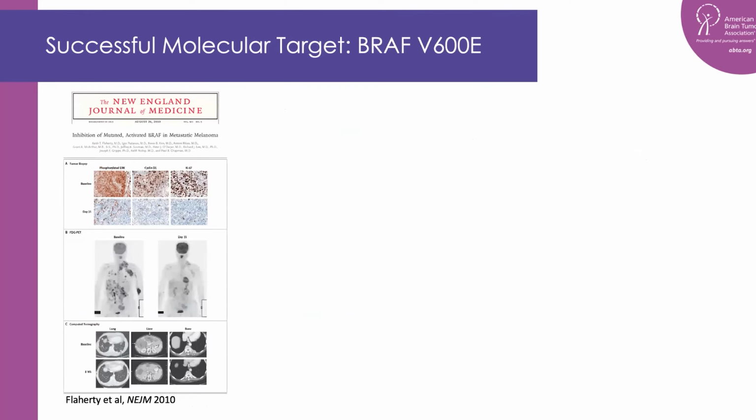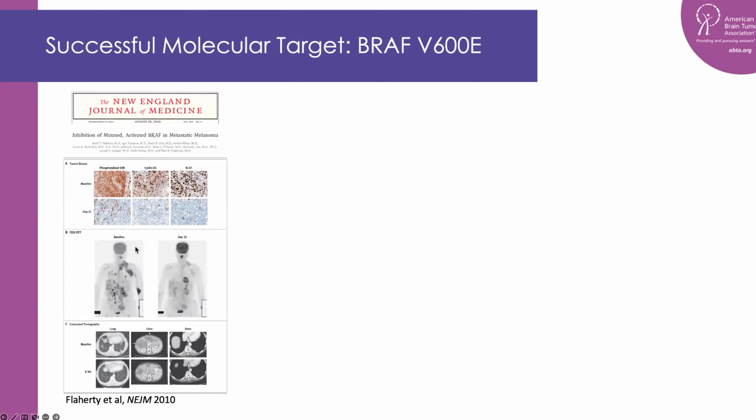So I just want to show you an example in a different cancer of what a highly effective targeted therapy looks like. This is a famous picture from the New England Journal, the first targeted therapy that was developed for melanoma that targets that BRAF V600E mutation I mentioned.